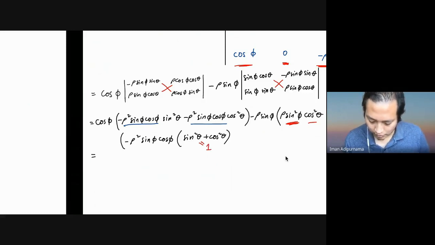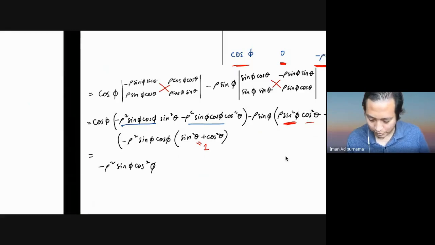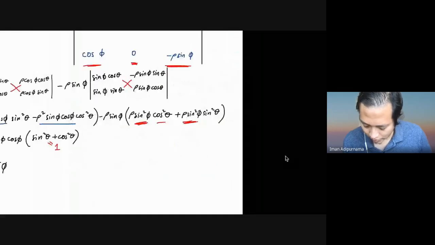And then we can write negative rho squared sine psi cos squared psi for the first part. And the second part, we have rho sine squared psi.